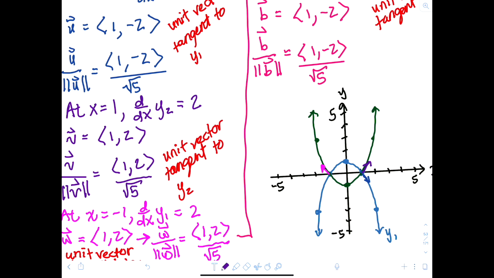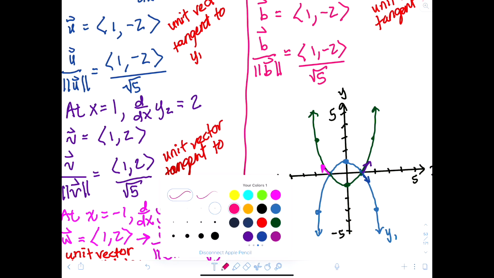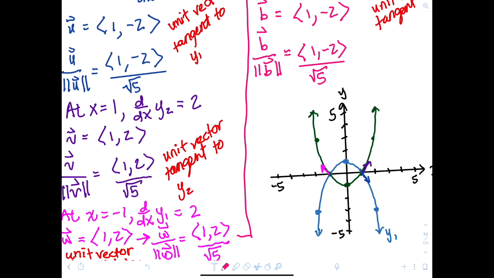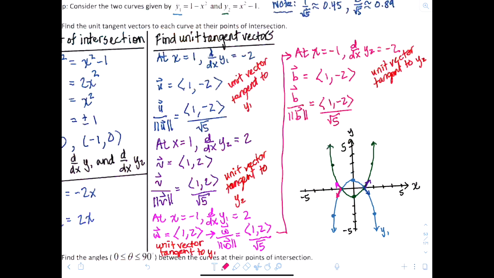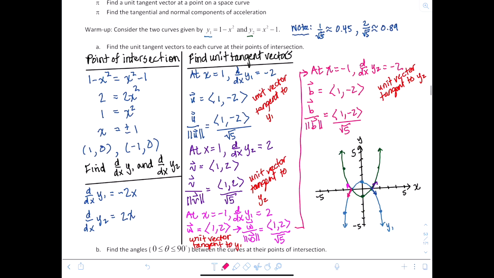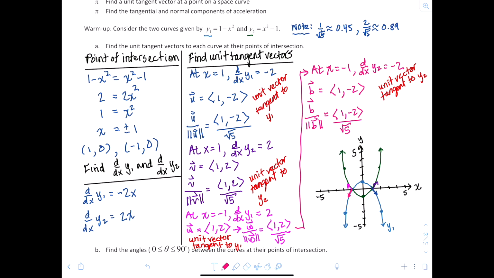And then the last one is this kind of reddish pink one, and it will be at x is negative 1, and it'll have positive movement on the x and negative movement on the y, so it'll be something like this. Cool? So those are our unit tangent vectors at the 2 points.